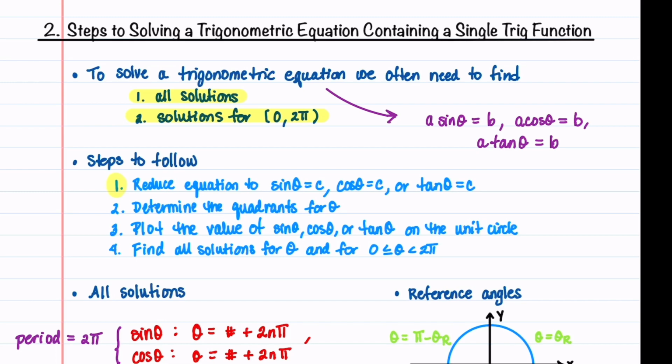The first step is to reduce the equation to either sine theta is equal to c, cosine theta is equal to c, or tangent theta is equal to c. The second step is to determine the quadrants where our solution theta is going to be located. The third step is to plot the value of sine, cosine, or tangent on the unit circle so that we can find the reference angle. And the fourth step is to find the solution's theta.